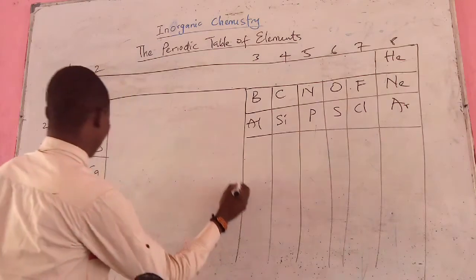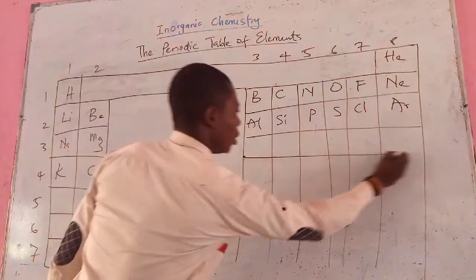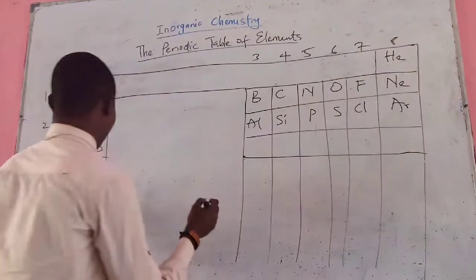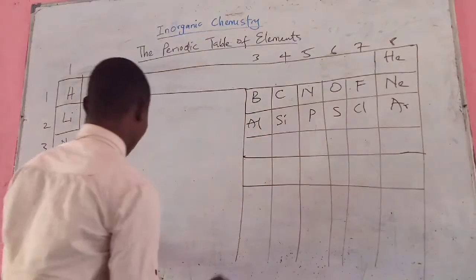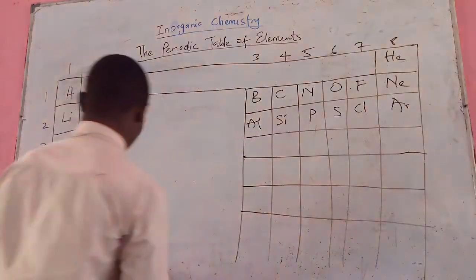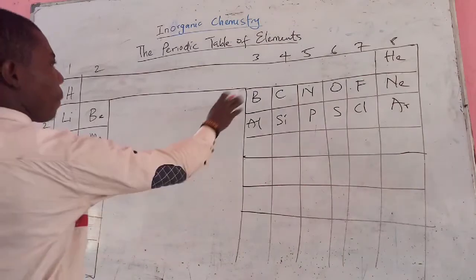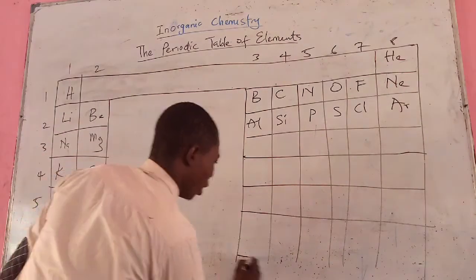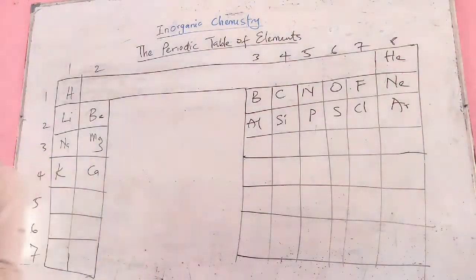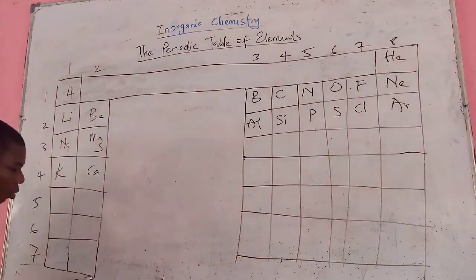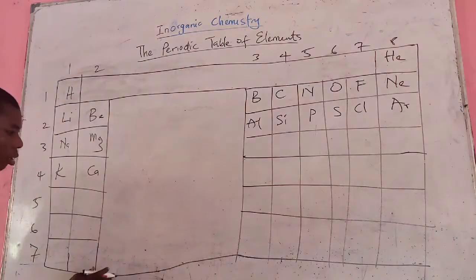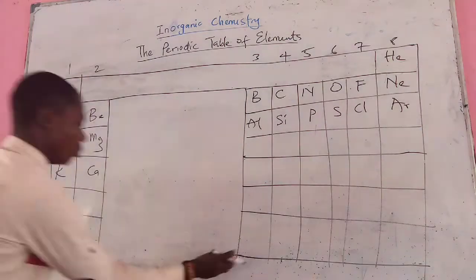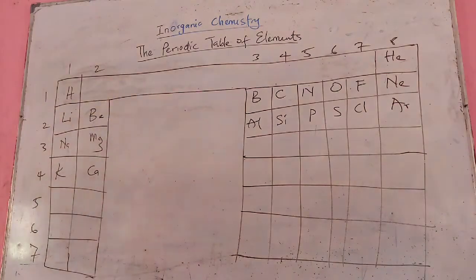So, 1, 2, 3, 4, 5, 6, and 7. Those are the 7 rows of elements that we have in the periodic table. Fantastic.